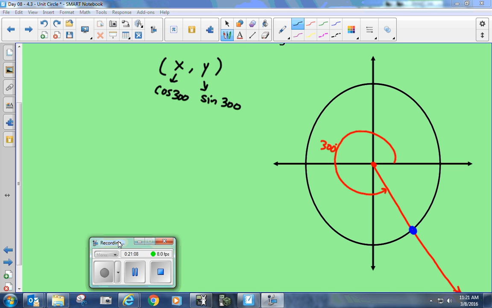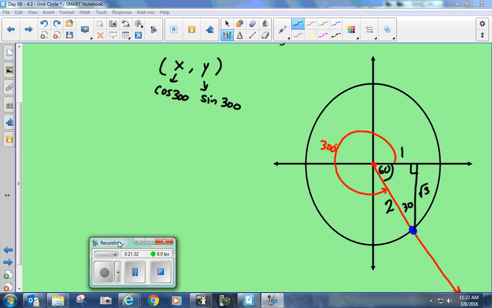Don't start getting crazy now. I draw my altitude, don't I? How many degrees is right here? It is 60. Because if a full circle is 360 and I'm 300, I'm 60 short. Which means this is 30. Which means this is 1, radical 3, and 2.